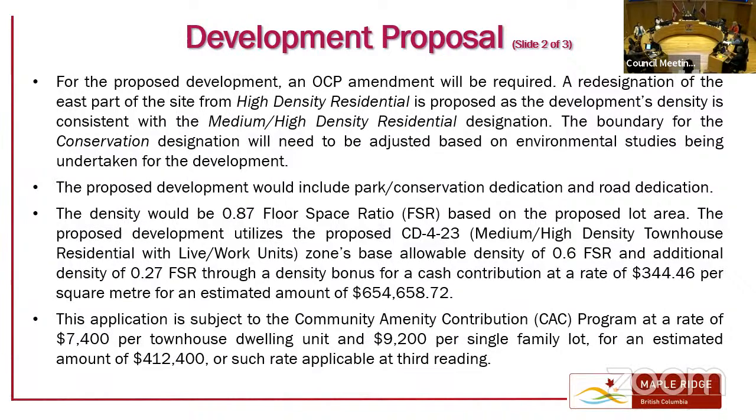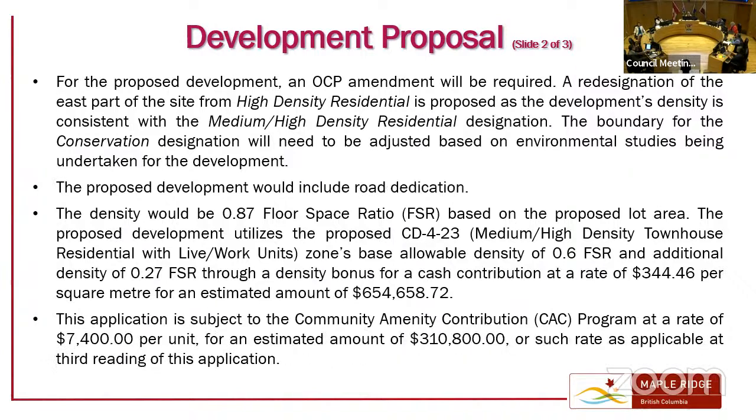This application is subject to the community amenity contribution program at a rate of $7,400 per townhouse dwelling unit and $9,200 per single family lot for an estimated $412,400 or such rate applicable at third reading.